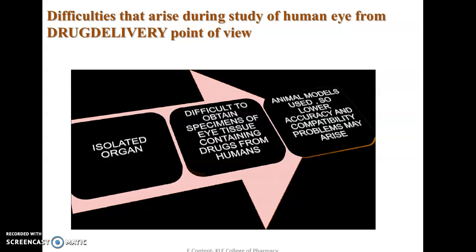Using animal models is also one of the main difficulties, and so the accuracy will be lower, and compatibility problems may also arise. These are some of the difficulties that arise during the study of the human eye from a drug delivery point of view.